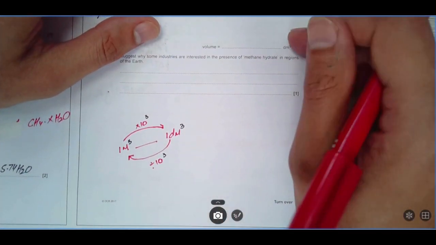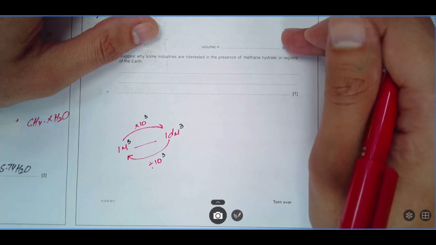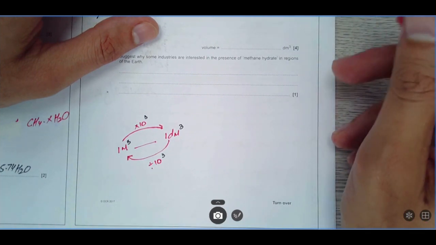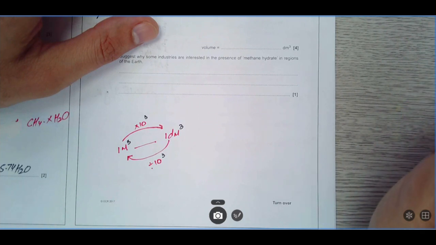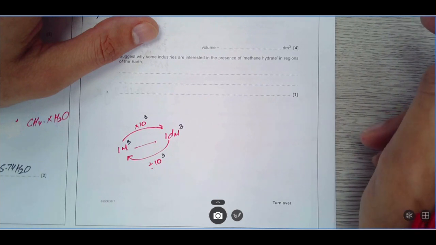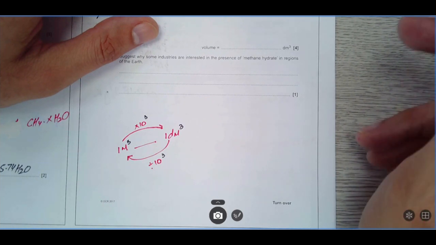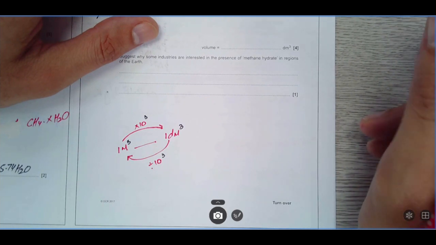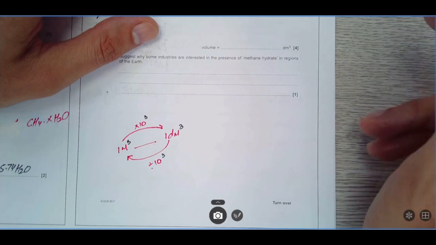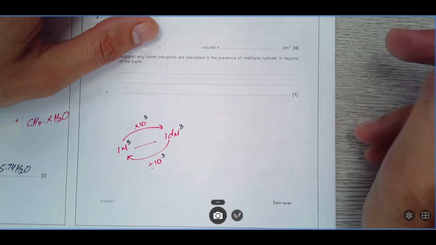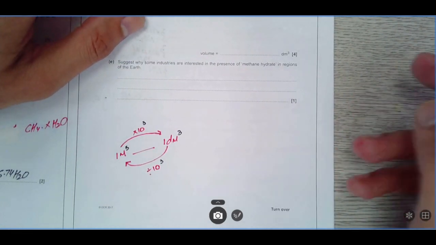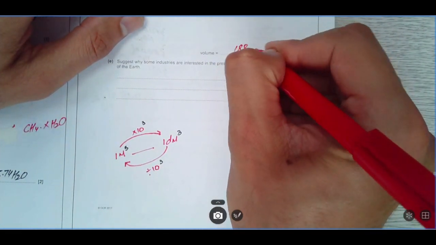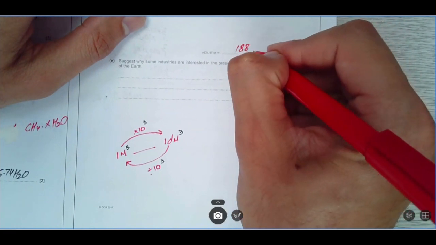So from here, I'll end up with a value of volume being equal to, has anyone got a value? The answer tells us that it should be 188 dm cube.